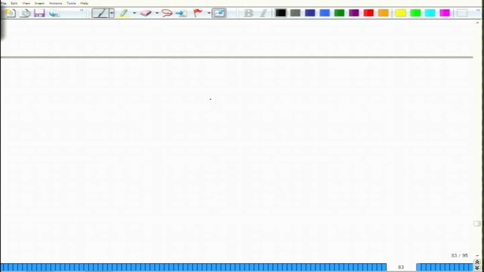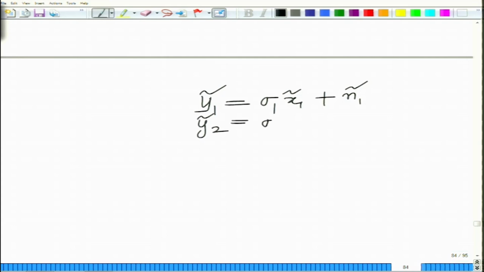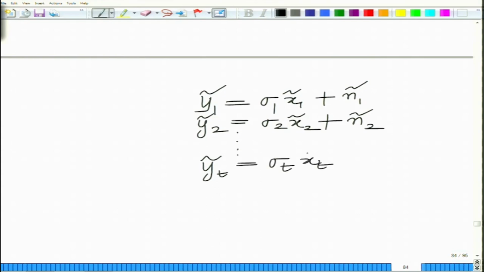So, what we have is a set of parallel channels: y1 tilde equals sigma 1 x1 tilde plus n1 tilde, y2 tilde equals sigma 2 x2 tilde plus n2 tilde, up to yt tilde equals sigma t xt tilde plus nt tilde, and this is your set of t parallel channels.